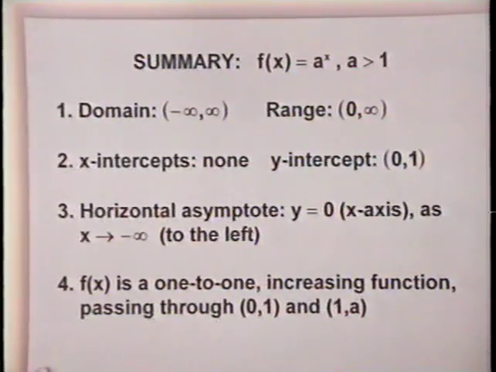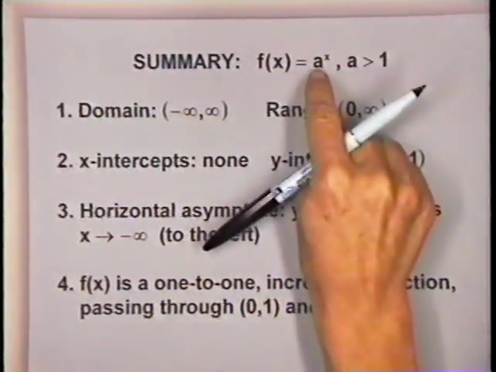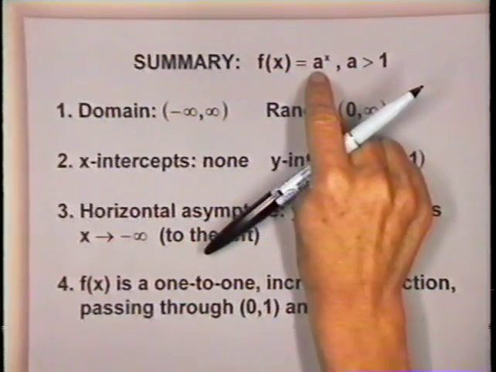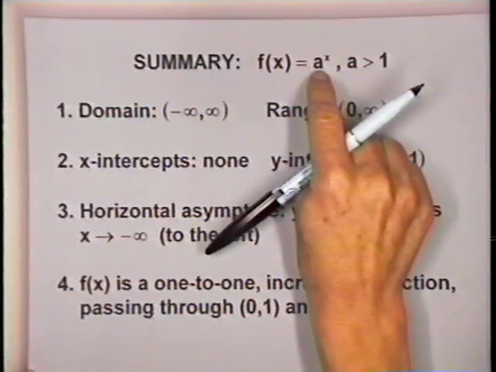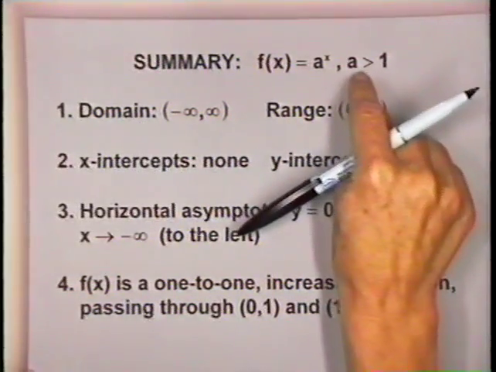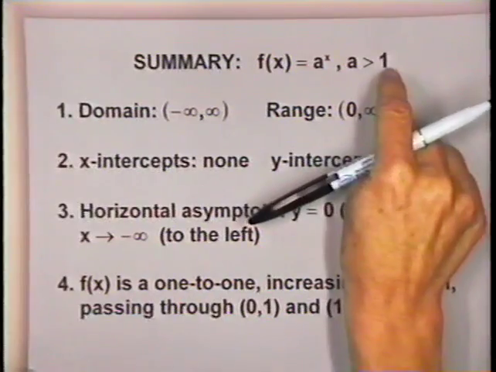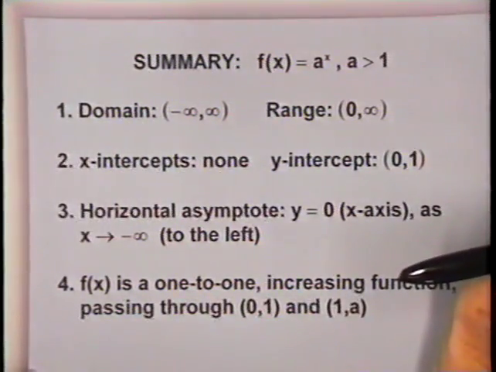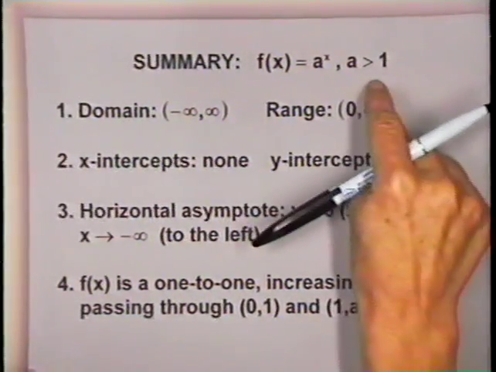If we have f of x equals a to the x, where a is greater than 1. Now remember, for an exponential function, a can be any arbitrary constant other than 1. So here we're specifying that we're going to pick constants that are larger than 1. We will deal with those positive constants that are less than 1 a little bit later.